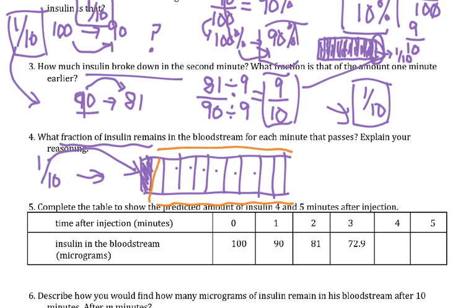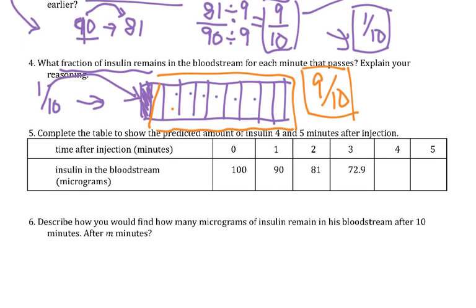You can count. What's left over? 1, 2, 3, 4, 5, 6, 7, 8, 9. 9/10 is remaining. That's what's remaining of the insulin for each minute that passes. This right here is what we're going to use as our decay factor.